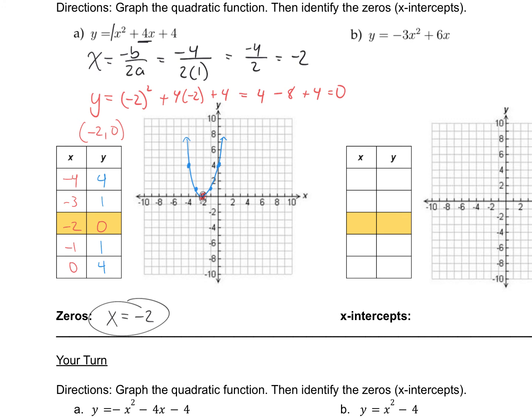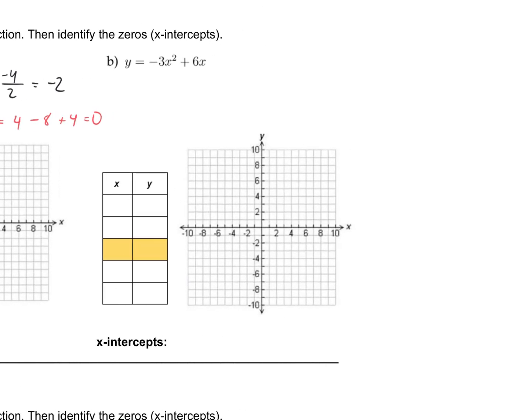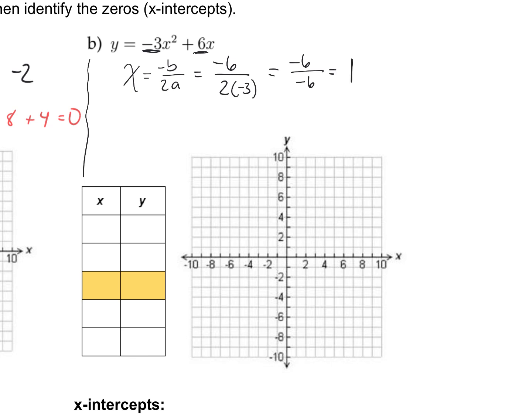All right, let's try example B now, kind of doing the same thing. For example B, again, I'm going to start by finding my vertex using that negative b over 2a. Well, in this one, our b is 6, so negative 6 over 2 times our a value, which is negative 3. So solving this out, negative 6 over negative 6. A negative divided by negative is a positive 1. So now I have my x value of the vertex.